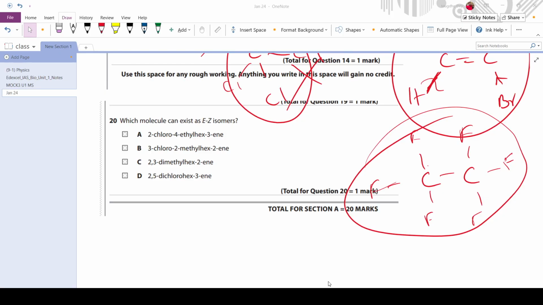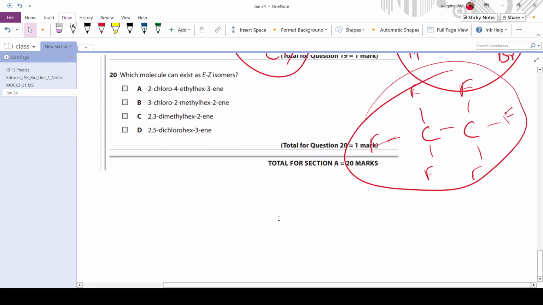For EZ isomerism to happen, at first we need to check. Let's talk about hex 3 yne first. Hex 3 yne, so it's somewhere here.